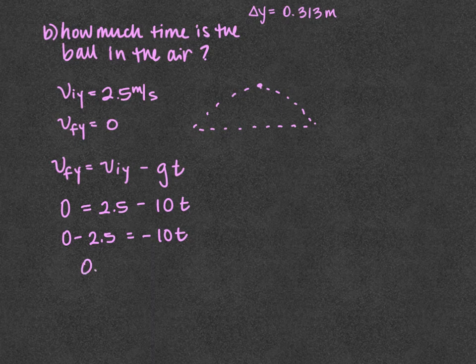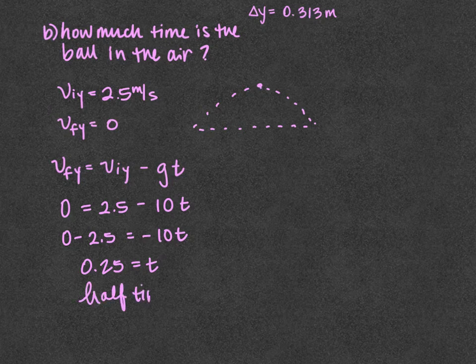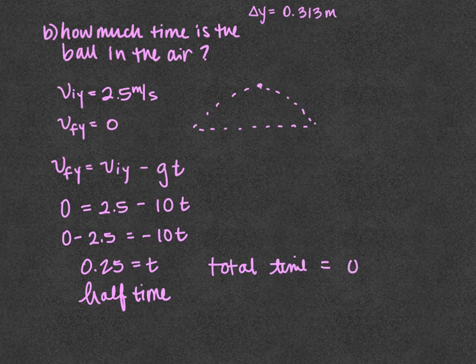So then 0.25 is equal to t. Now that is just the half time, the time to get to the highest point. So to find the total time, we need to double that. So then 2 times 0.25 is 0.5 seconds.